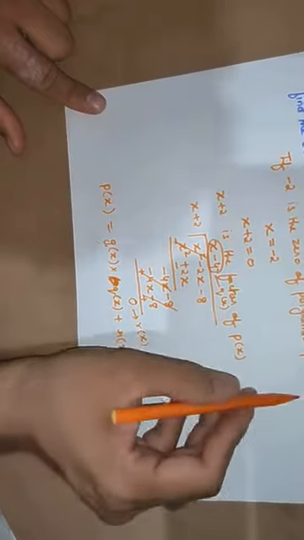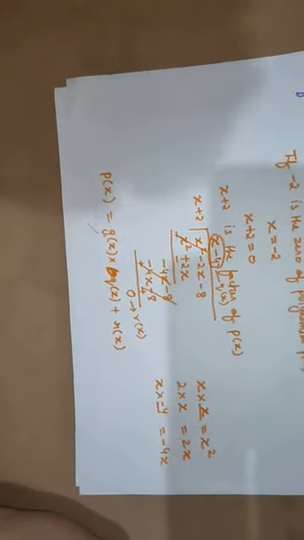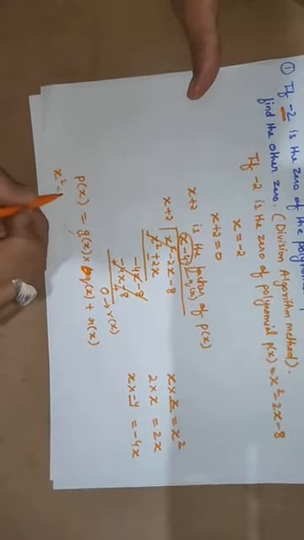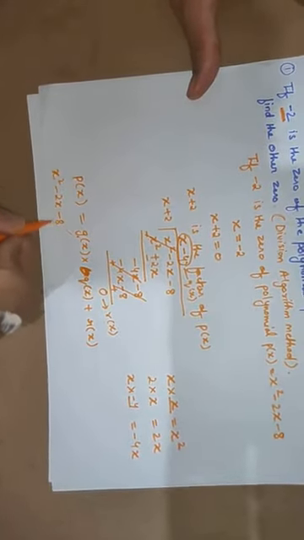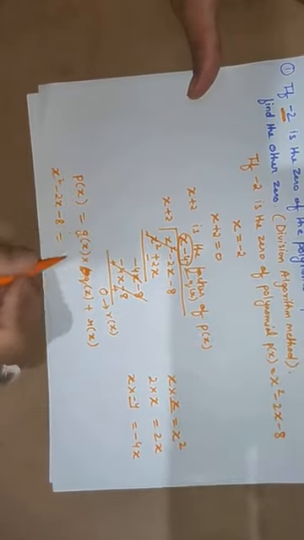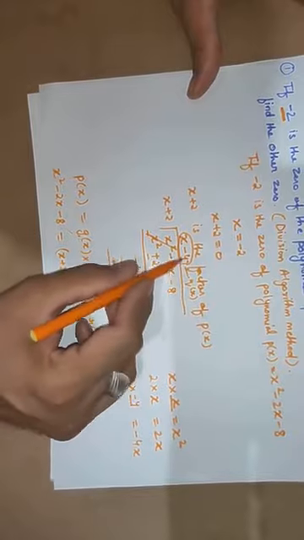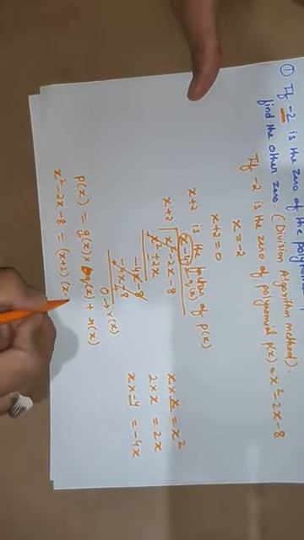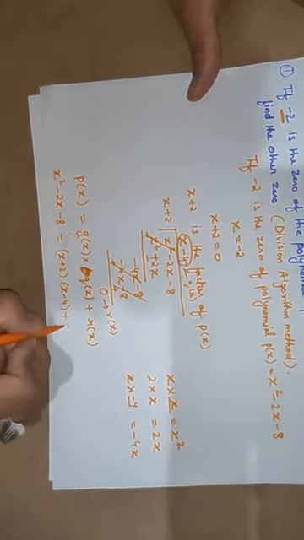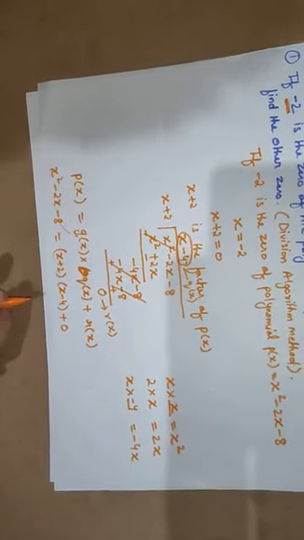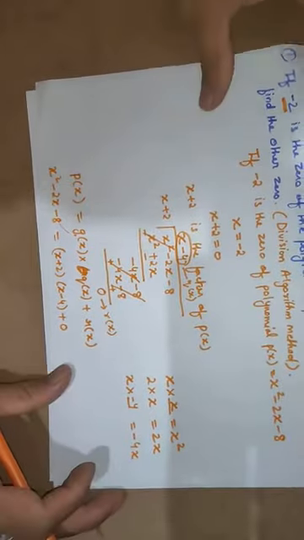Here p(x) is x square minus 2x minus 8. g(x) is my x plus 2. q(x) is x minus 4, and r(x) is 0.